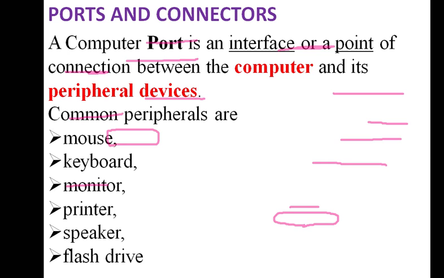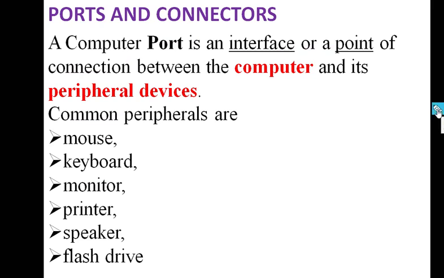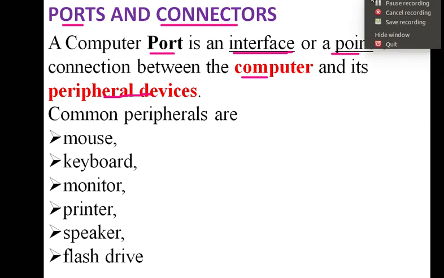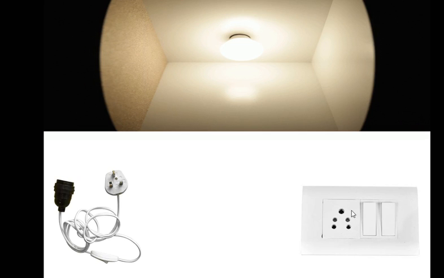Now the next part is ports and connectors. A computer port is an interface or a point of connection between the computer and its peripheral devices. For example, see, this is a socket, this is a connector.